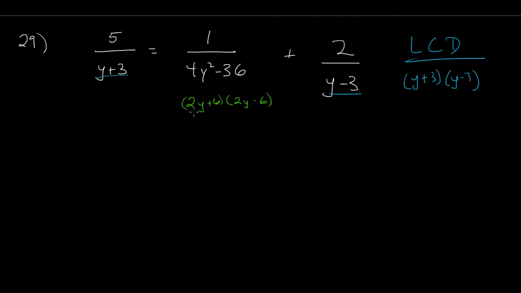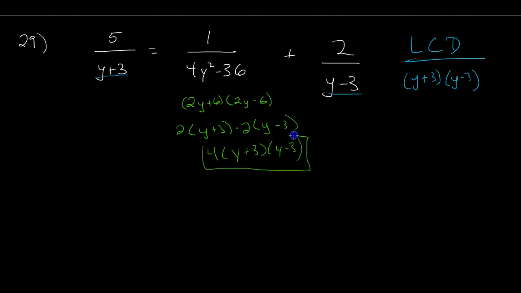We have to notice that this 2 and this 6 both have a 2 in common, and I'm left with y plus 3, and this 2 and this 6 also have a 2 in common, and I would be left with a y minus 3. So it would be 2 times that times 2 times that, or 4 times y plus 3 times y minus 3. Now that works. This is our factored form of this expression here.